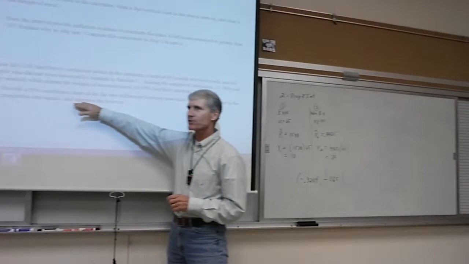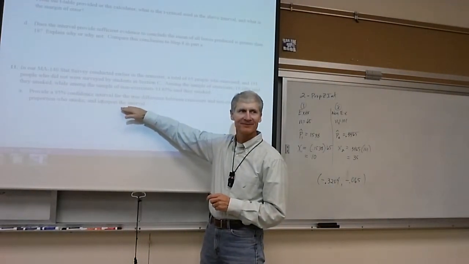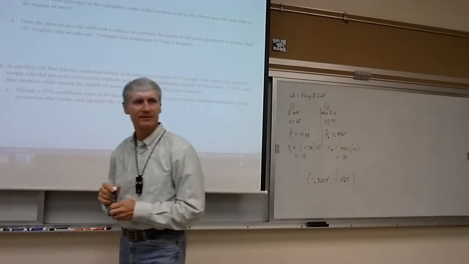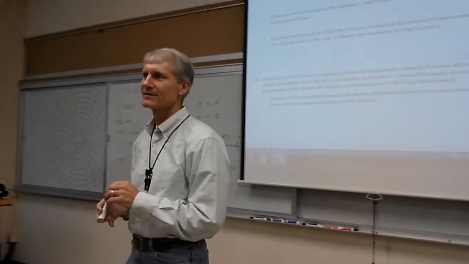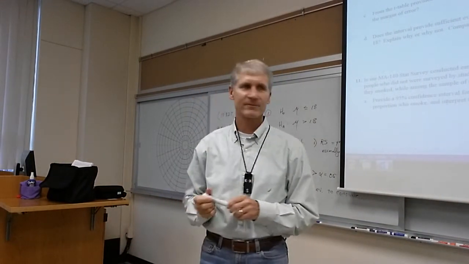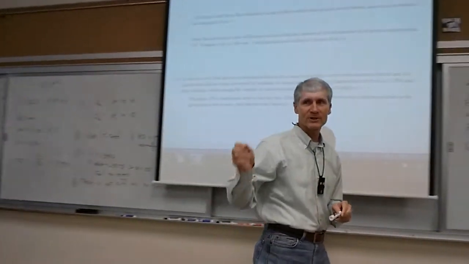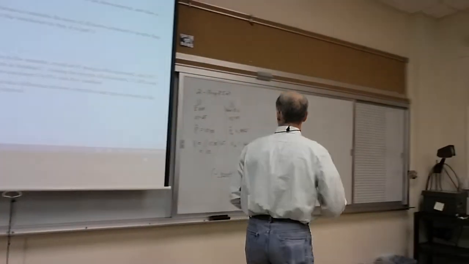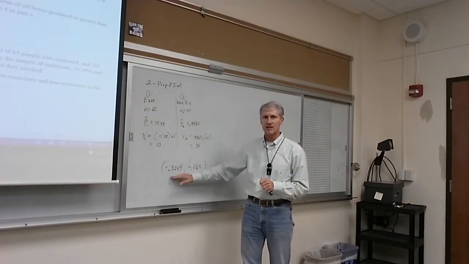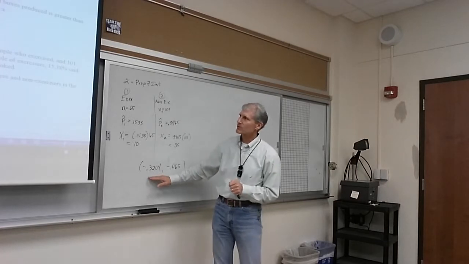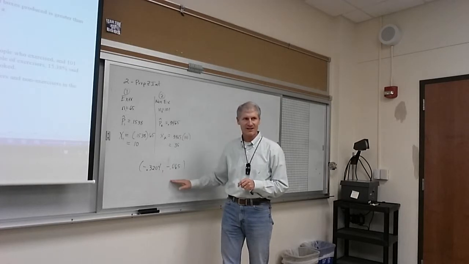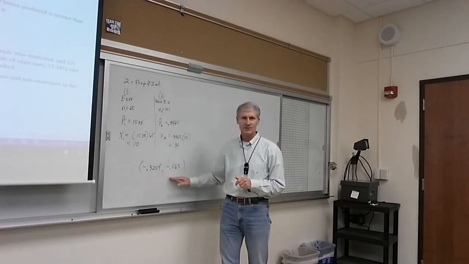Interpret that interval for me. Perfect. And the word I was listening for is difference. So we are 95% confident that the true difference in proportion who smoke among exercisers and non-exercisers falls in that interval.